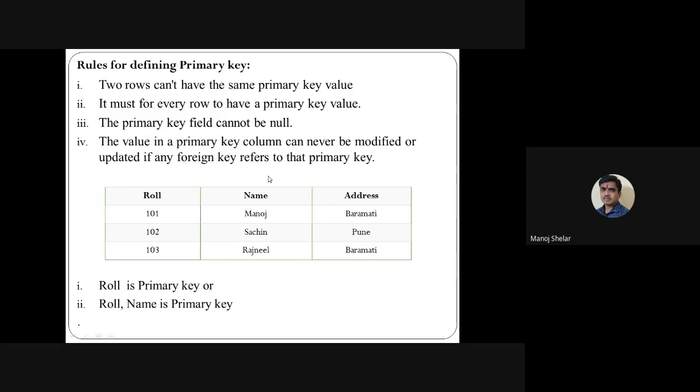As per the requirement, roll number and name is a primary key, no problem. But one condition: in one table, either roll number is a primary key or roll number and name is a primary key. Only one primary key in one relation or one table.